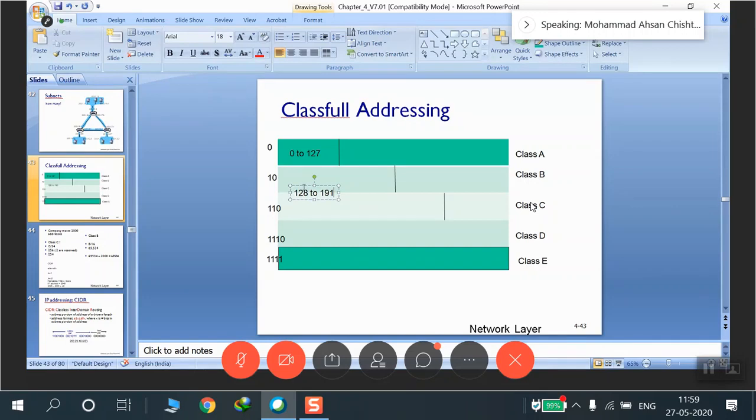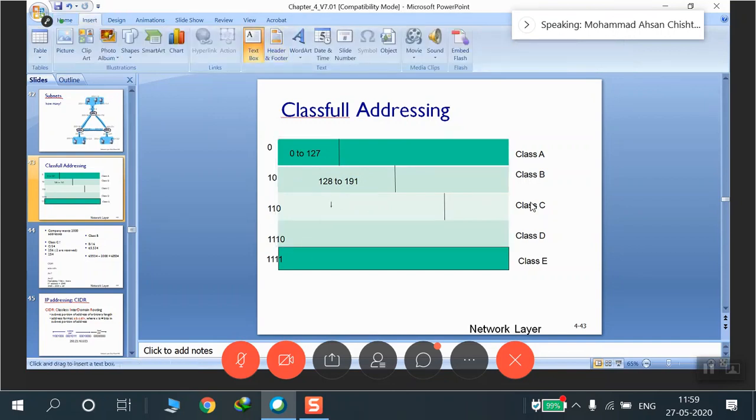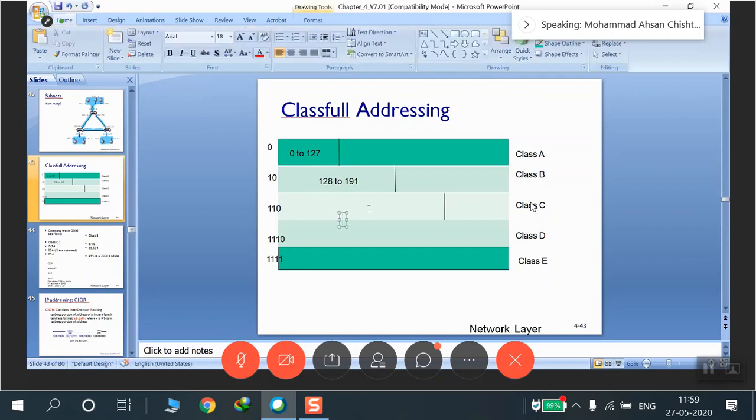So check the starting address. If it belongs to something like this, it is class B. And the third one that we have here, class C, is from 192 to 223.